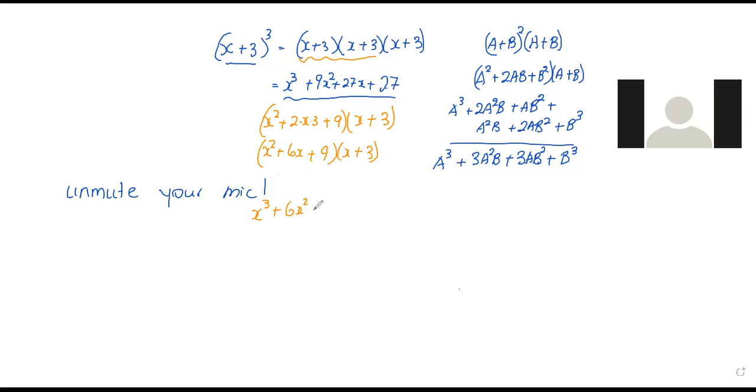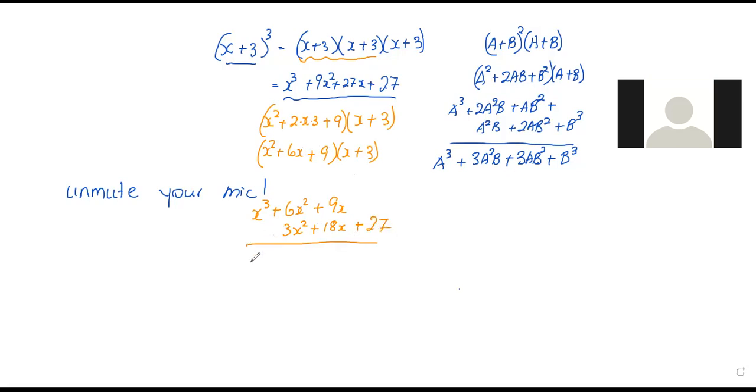X times that is going to be 9x. 3 times x is going to be 3x squared. 3 times 6 is going to be 18x. 3 times that is 27.